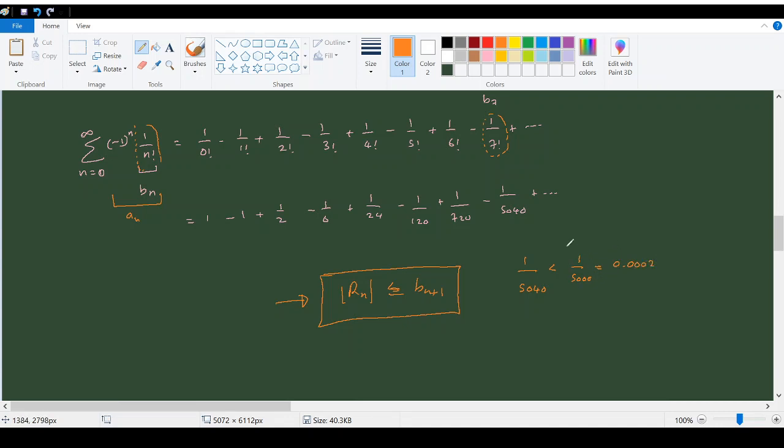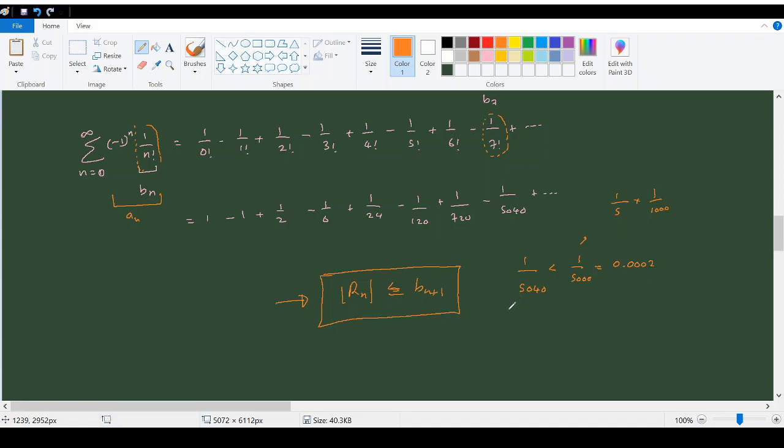Now you should be able to do this one without a calculator, okay? The easiest way is to consider this as 1 over 5 times 1 over 1000, so you can just divide 1 over 1000 by 5, okay? So you must be able to do these computations without calculators, right?